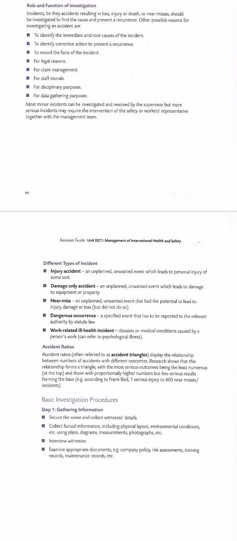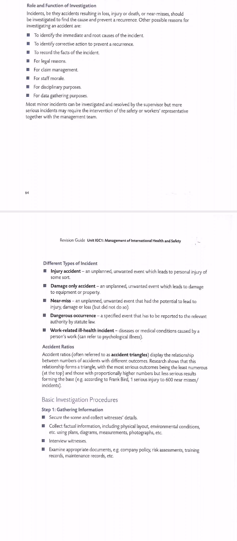Number one, injury accident. It means an unplanned event, because accident is inevitable, it can occur at any time. So injury accident is an unplanned, unwanted event which leads to personal injury of someone. Then number two, damage only accident.